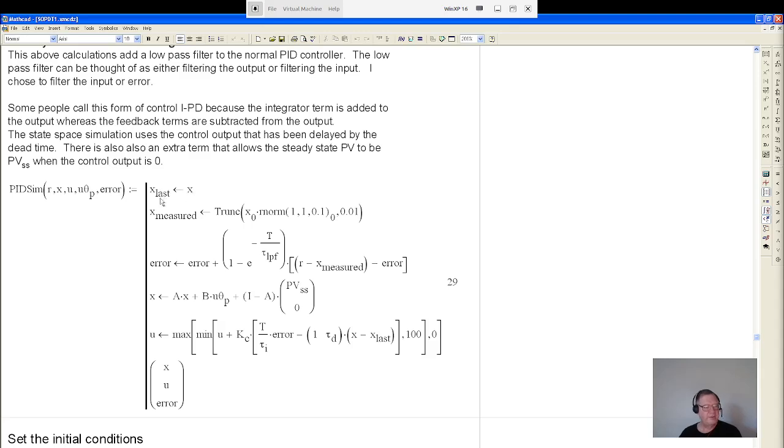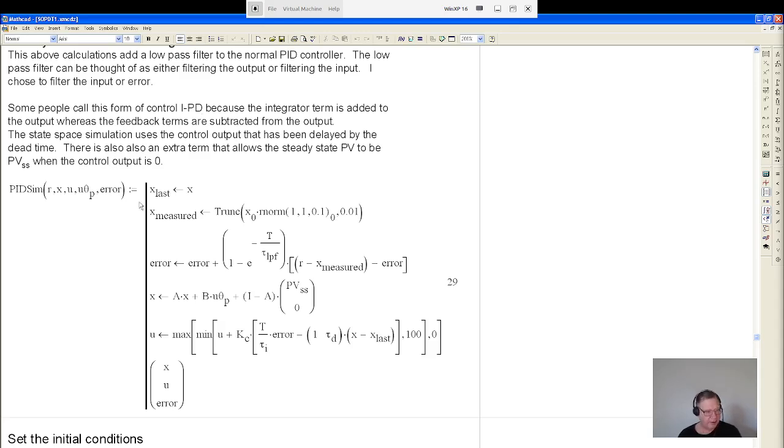What I'm looking for is the difference in the actual temperature, because what I'm using is I minus PD. I minus PD differs from a PID in that the proportional and derivative terms are in the feedback path, which means that they only act on changes in the feedback, not on the error.